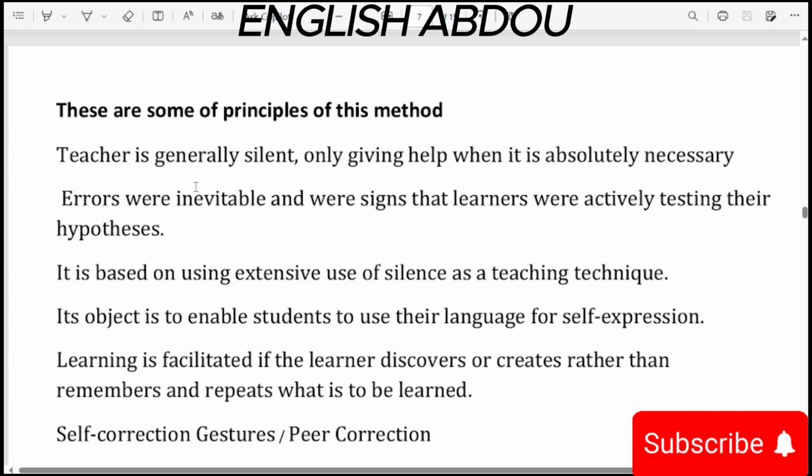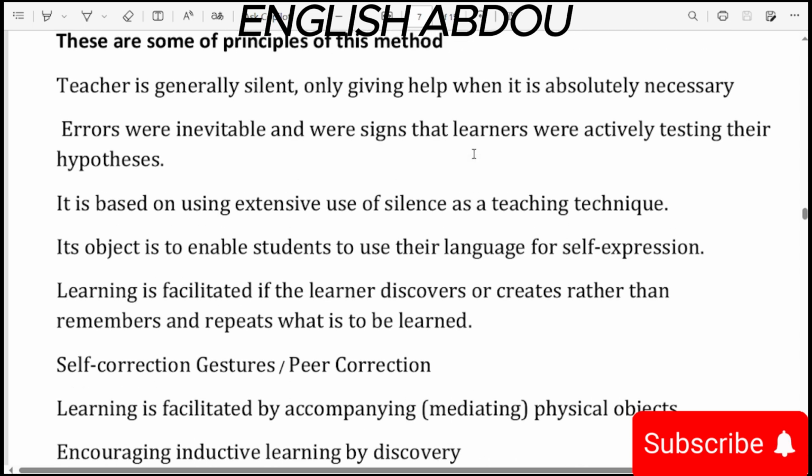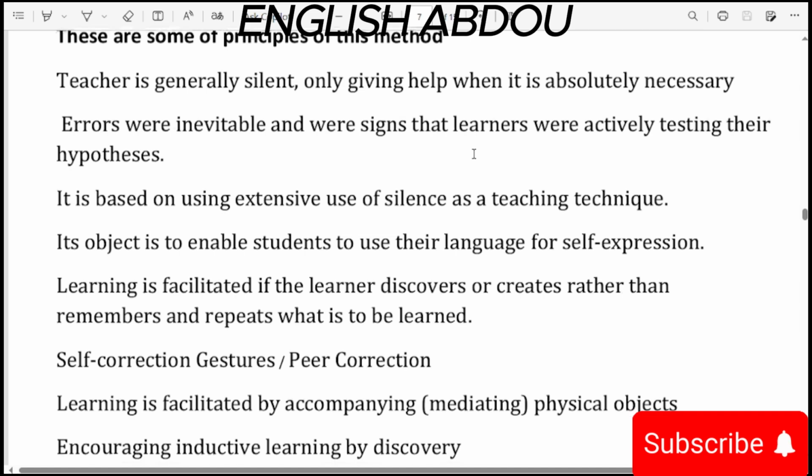Okay, as in Krashen's theory, it is a natural approach. It is based on extensive use of silence as a teaching technique. So as I told you, the silence of the teacher is very important inside this method.